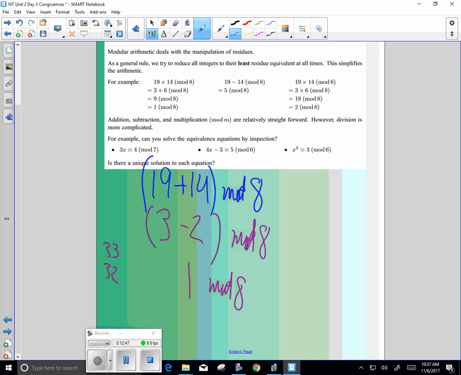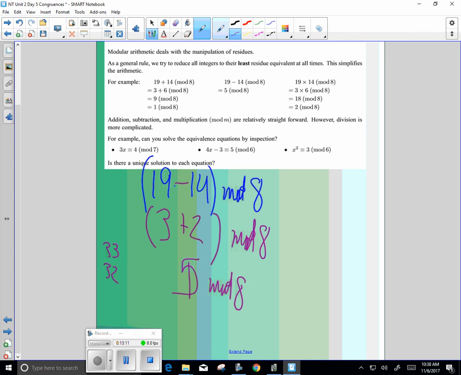Take 19 minus 14. So if we're subtracting this, what happens is that this becomes a 5. And 19 minus 14 is what? Is 5. But do you see how it works with what we were doing?